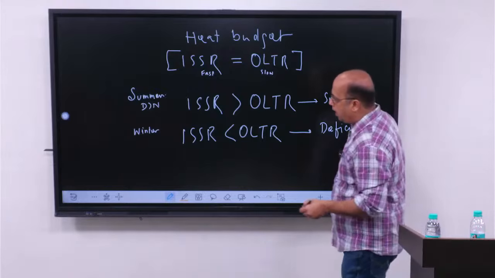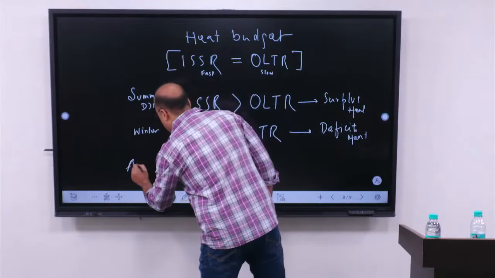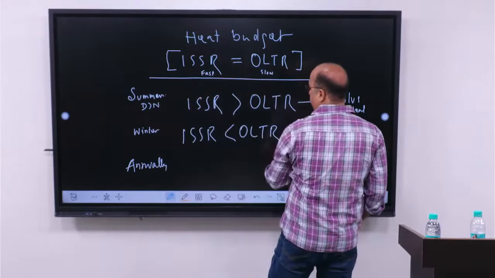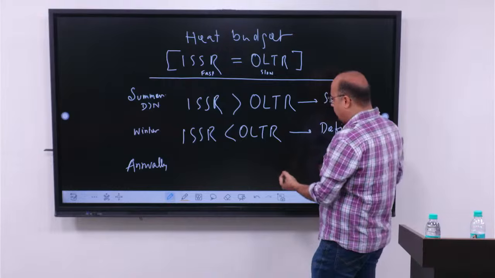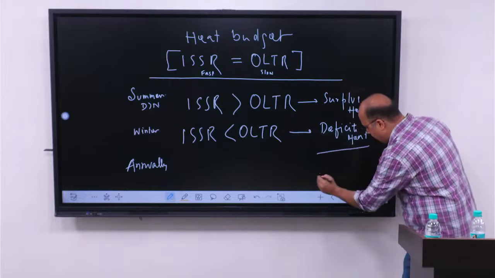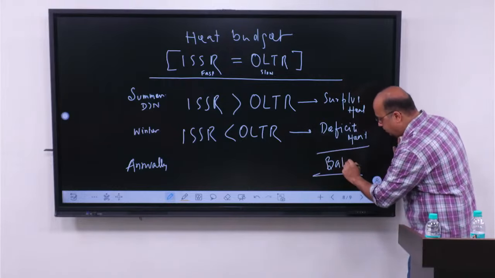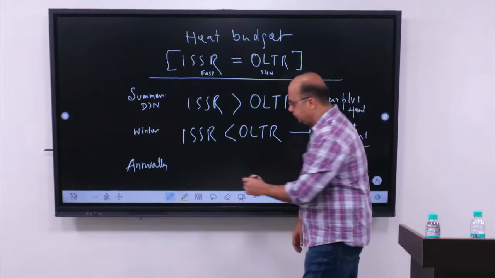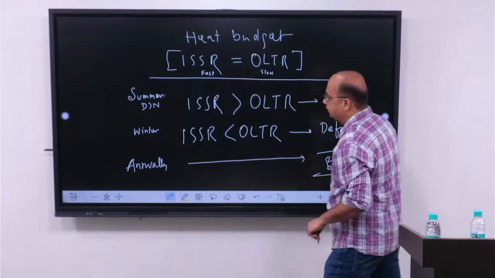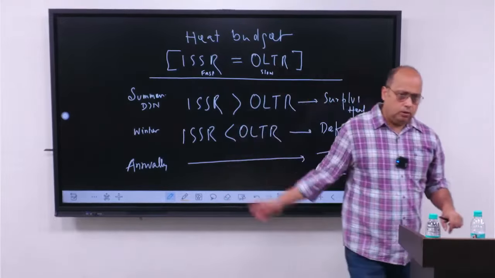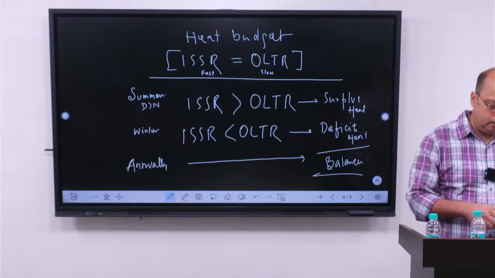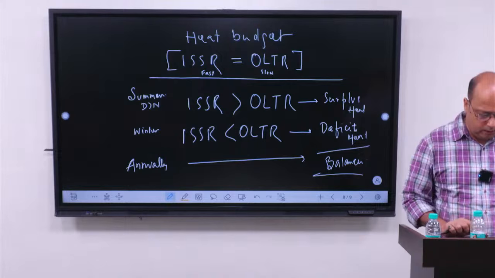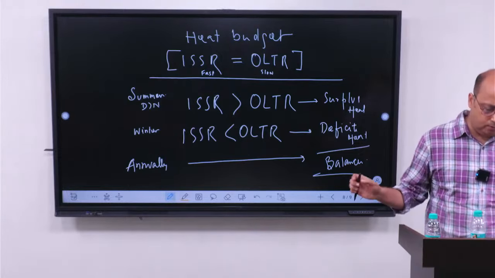But overall, annually, things are balanced. One time surplus, other time deficit, it is balanced annually. So let us draw this equation and write one line so that the introduction can start, and we are going to see the micro details of other topics.